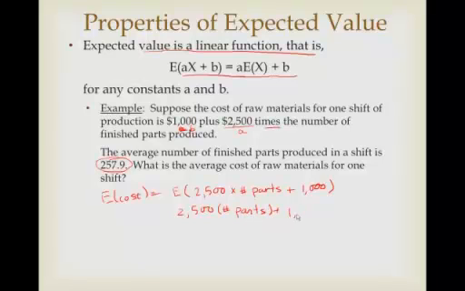And, well, what's that? 25,000 times 257.9 plus 1,000. And that gives us 4,575.0. There we go.